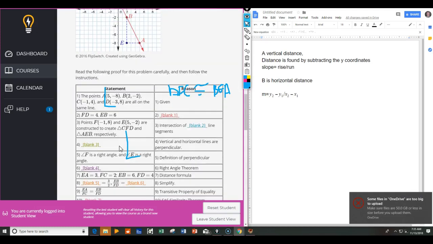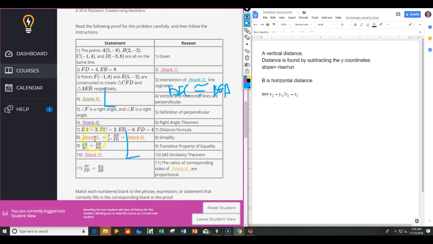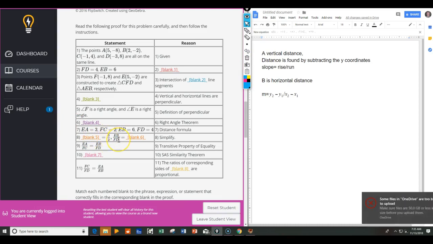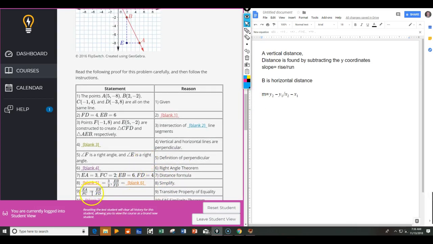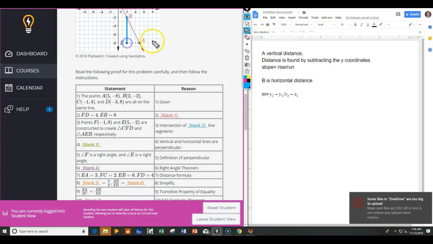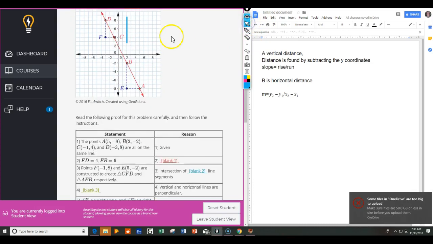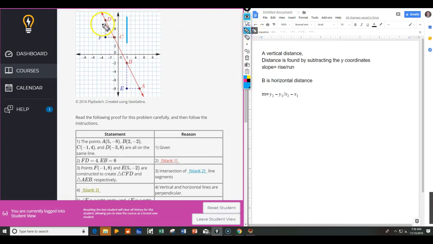Blank 5 is equal to 3/2, and the distance of EB over the distance of FD is equal to blank 6. Simplify. Okay, the way I'm going to look for blank 5 is I'm going to look at where is EB and FD. So EB is this vertical line, and FD is also the vertical line.